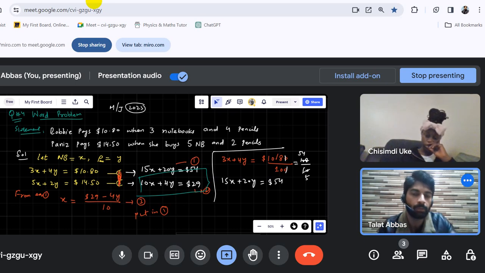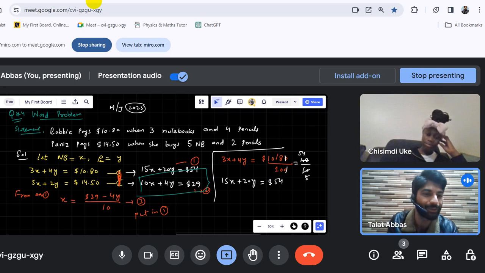When I did the first question, if you noticed, I was doing it step by step: to add this, to subtract this, to multiply this, to divide this. But when I'm solving the second or third question, sometimes I intentionally increase my speed, because we are doing the same things.